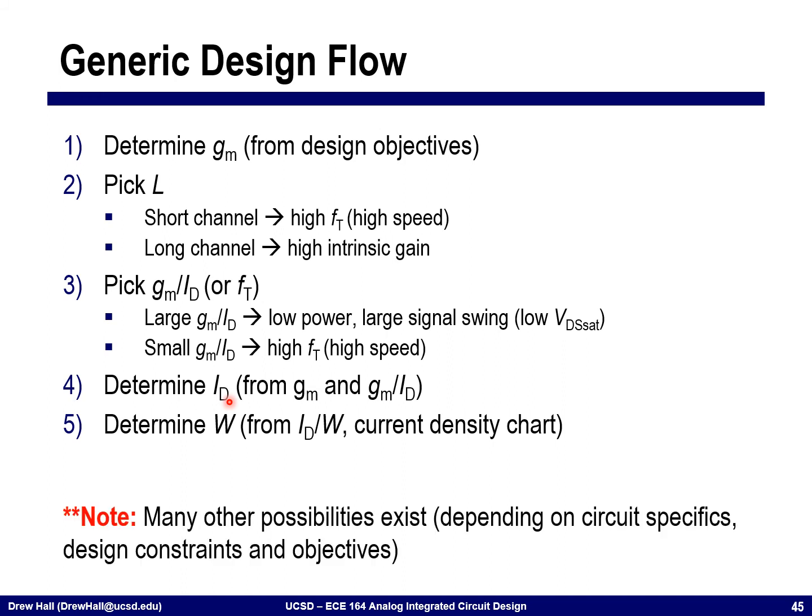I should point out that there are a lot of different ways of doing this, but in general, this is more or less how the design is going to flow. One of the last things that we're going to do is look up the width of the device. Some of these can move around in terms of their order. It very much depends on the particular circuit that you're trying to design.